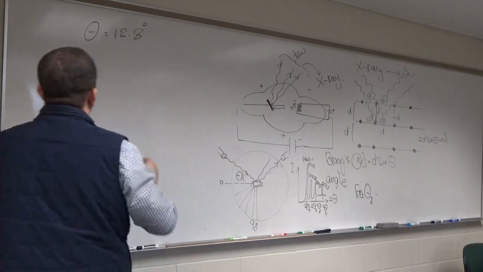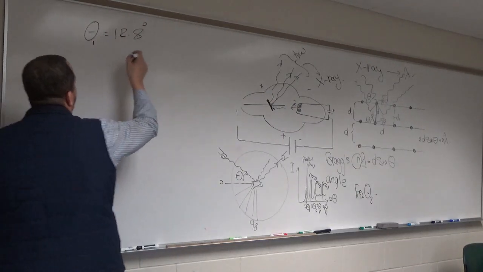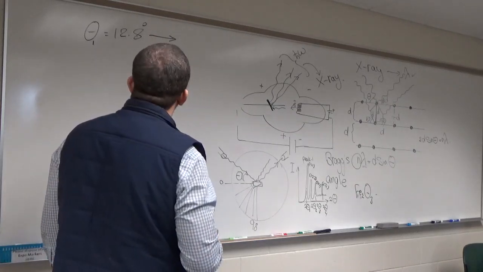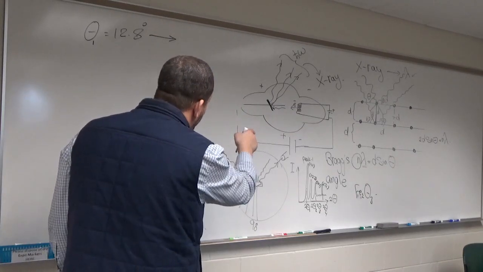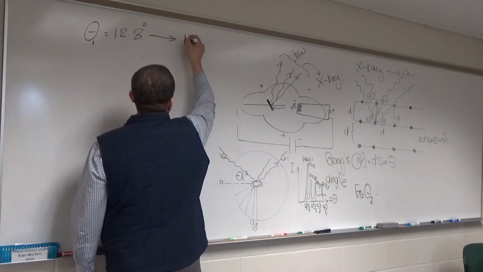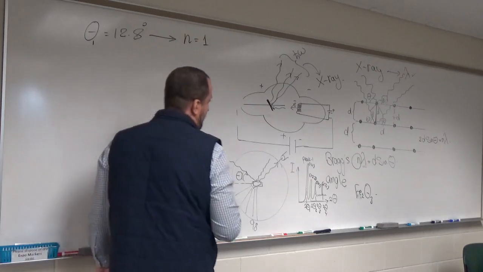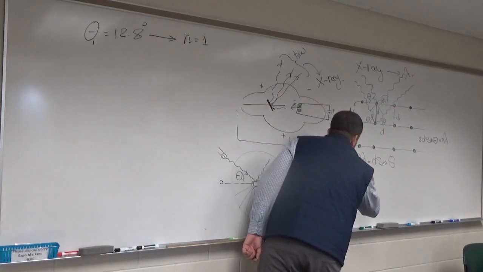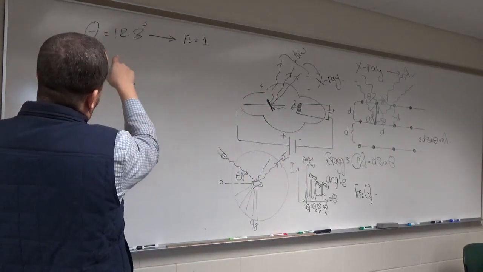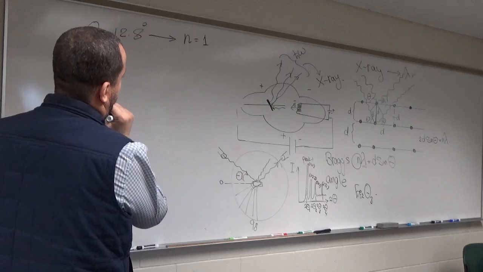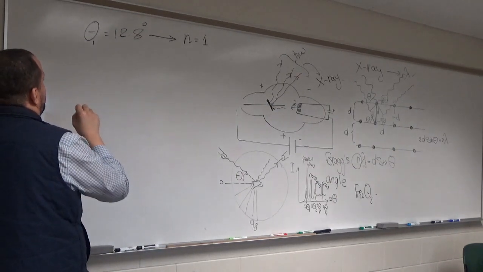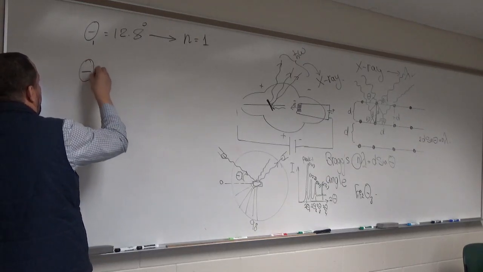And this angle theta actually is theta 1, which corresponds to the first peak. And if we are talking about peak number 1, or the first peak, we can write down here that n is equal to 1. This is the rank of the peak. This is the incident angle for the first peak. And I ask you guys to figure out theta 2.